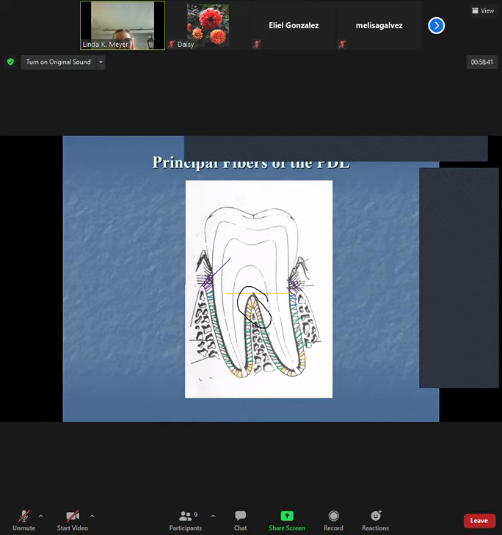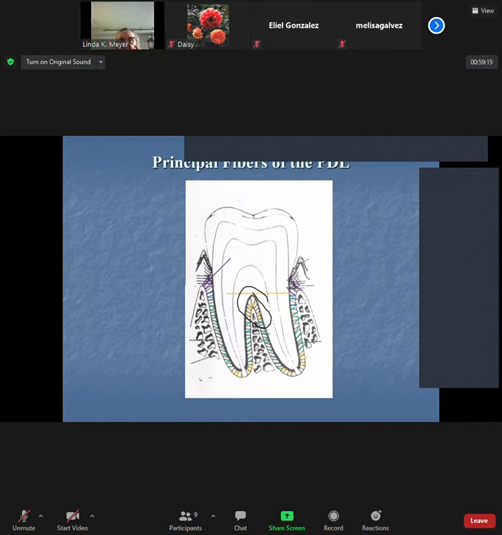As I go out from the alveolar crest to horizontal to oblique, on the mesial aspect of the distal root I also have oblique fibers. And on the distal aspect of the mesial root, I also have oblique fibers there. But right in the bifurcation, in this fan-like arrangement, those are called the interradicular fibers.